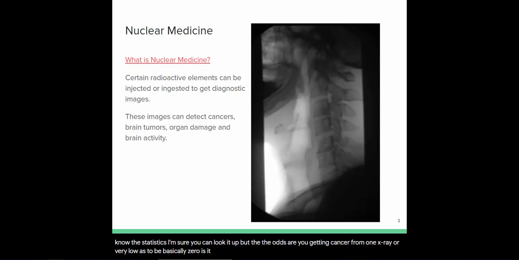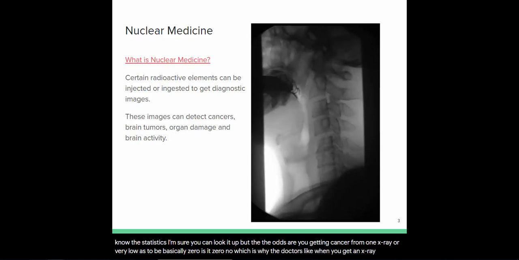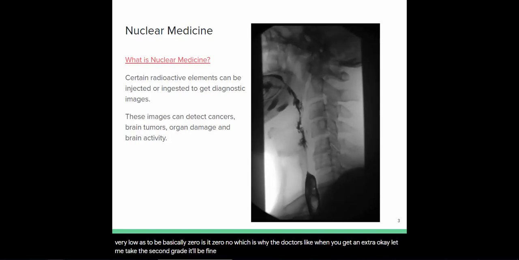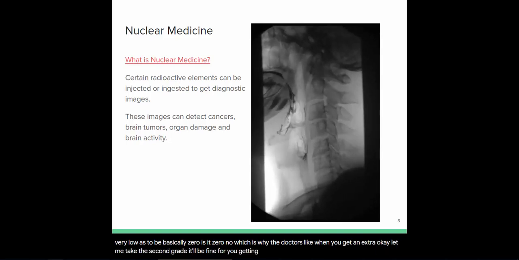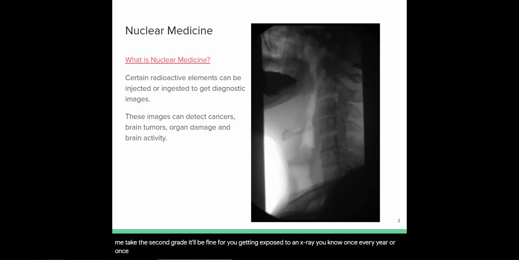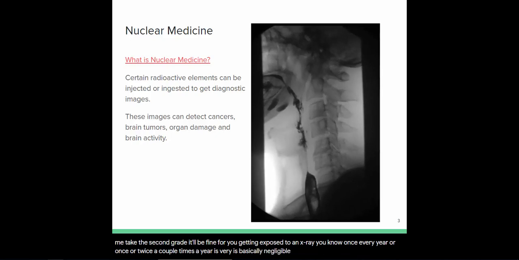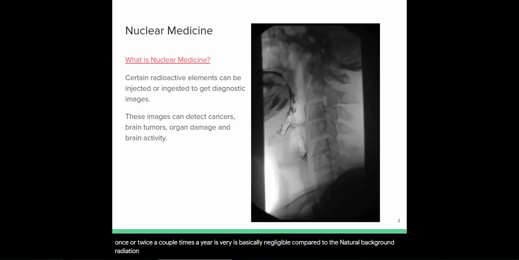Is it zero? No, which is why the doctor says, okay, let me take this x-ray, it'll be fine. Getting exposed to an x-ray once, or a couple of times a year, is basically negligible compared to the natural background radiation.